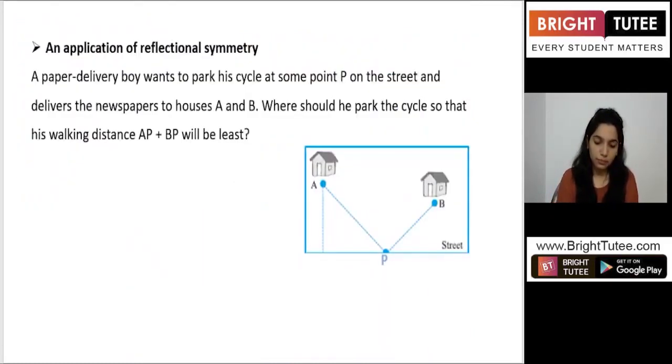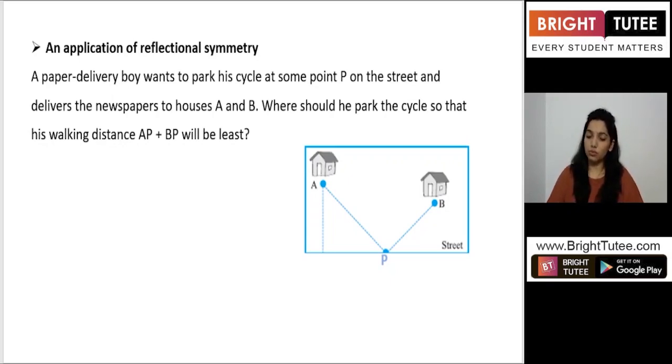Moving ahead, let us read about application of reflectional symmetry. Here this is a particular situation that is given to us. A paper delivery boy wants to park his cycle at some point P on the street and deliver the newspapers to house A and B. Where should he park the cycle so that the distance he walks, AP plus BP, will be least?